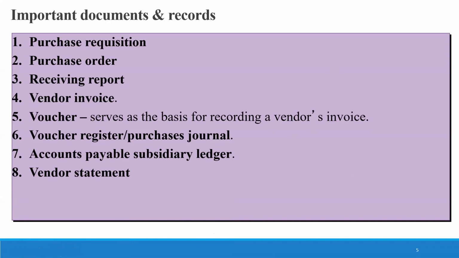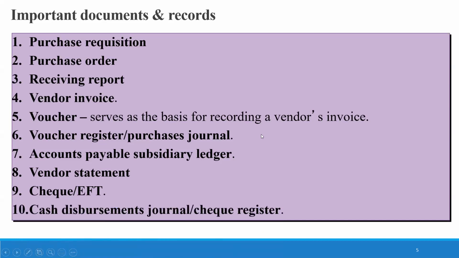And for the vendors, frequently we are going to prepare their statements, so the individual vendors' information should be on file. And for the payment, of course, the check or the electronic transfer would also be in our file on record. Cash management is also part of the process.